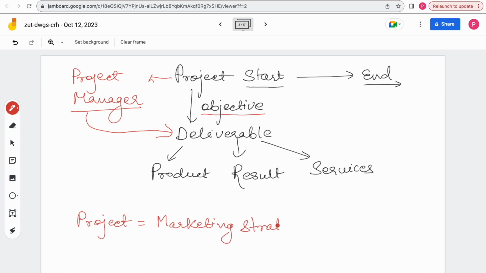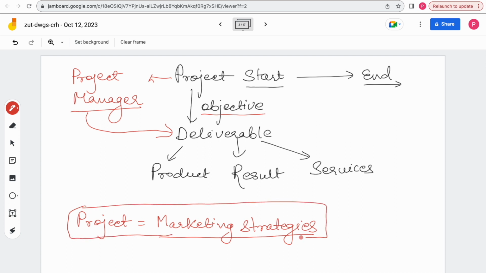If this project doesn't need to be combined with a program and portfolio, then this project will remain independent. It is not always necessary to put a project under a program and project portfolio, right? So a project can remain alone, or a project can be grouped under a program and managed by a program manager.